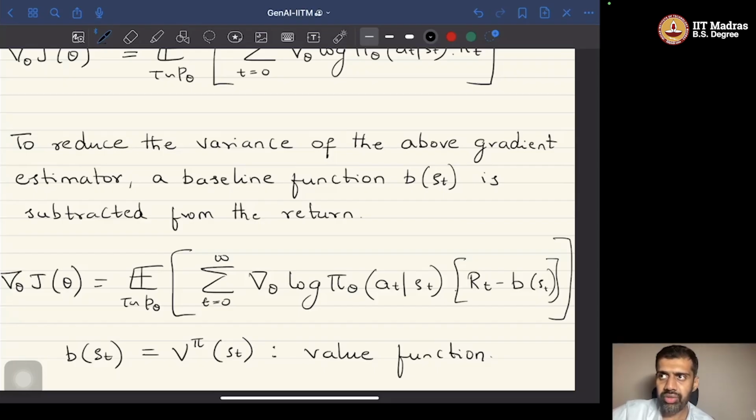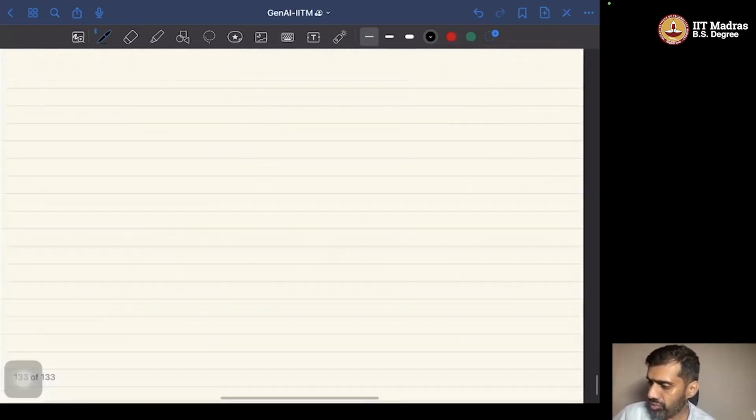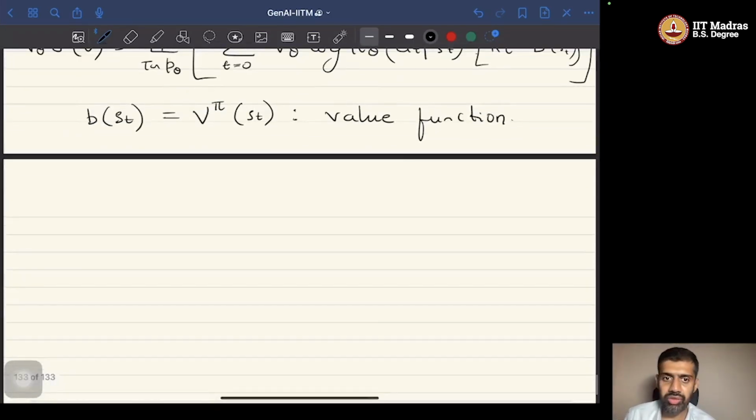Now let us define what this value function is and see what the final form of the gradient of the objective would look like.